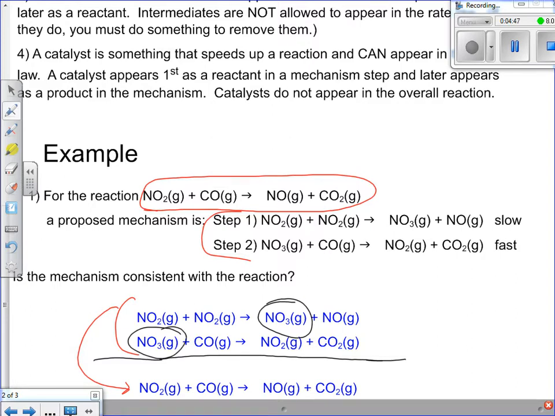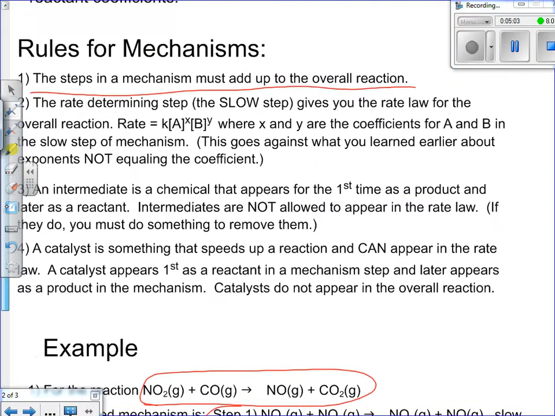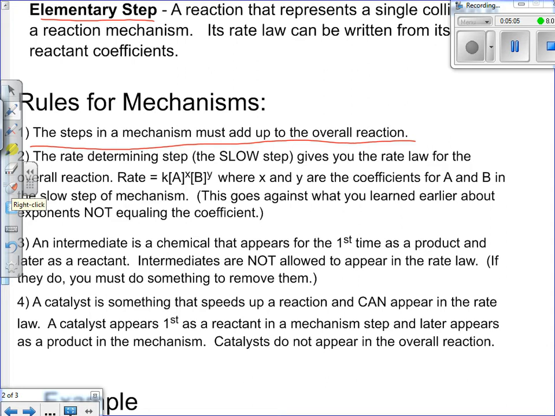So I'm trying to determine, do I have any intermediates or catalysts? I know NO3 is one or the other, so I'm going to look at my mechanism information. What does it say?